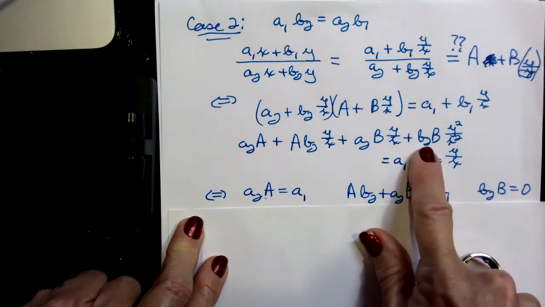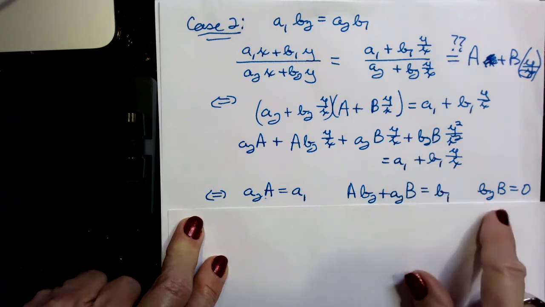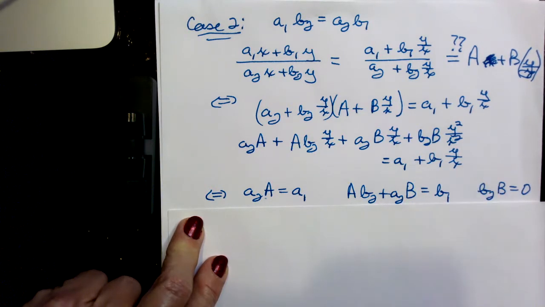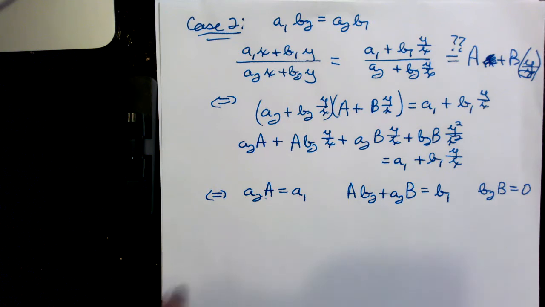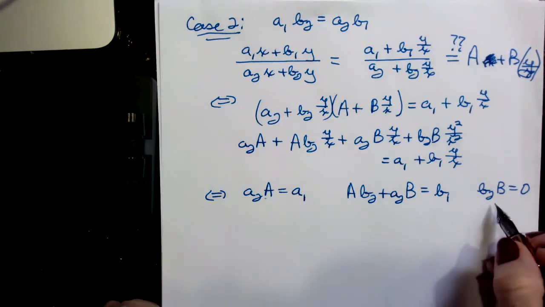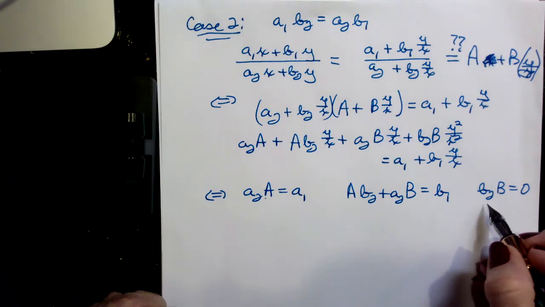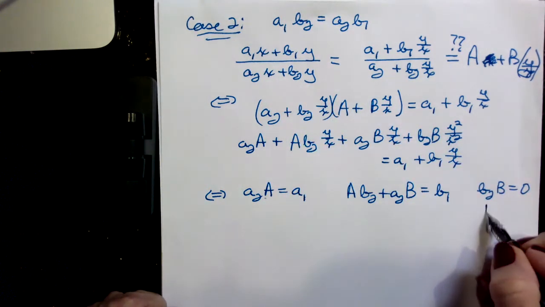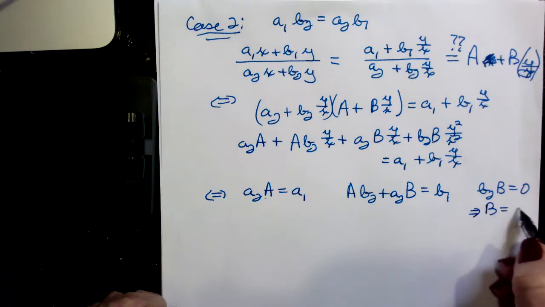And the coefficient of the squared term, which is bb2, has to be 0 because there's no squared term on this side. Okay, so what does that say? Let's start figuring that out. So that says b2b equals 0, but b2 is part of our given equation. It's not necessarily 0, so that implies that b has to be 0.